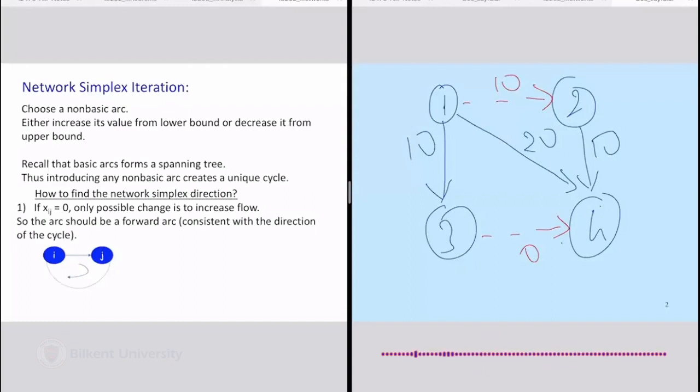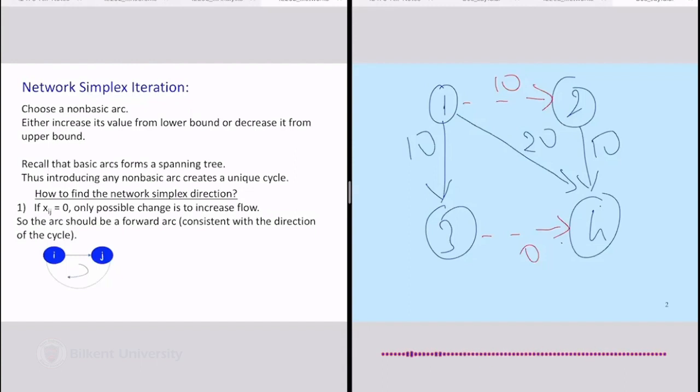Now, how is an iteration in network simplex? Remember in the simplex method, we were checking the non-basic variables to see if they want to enter the basis or not. That's what we're going to do here. We're going to check our non-basic variables. What are our non-basic variables? The ones not in my spanning tree, so here, for example, these red arcs.